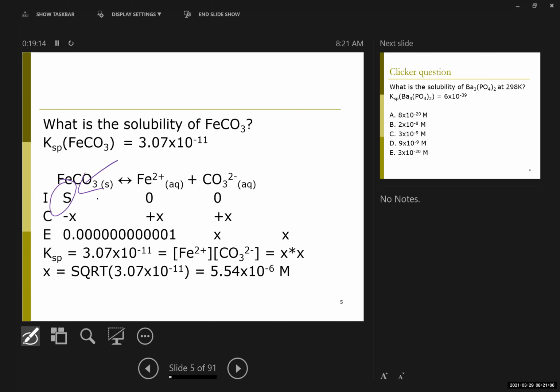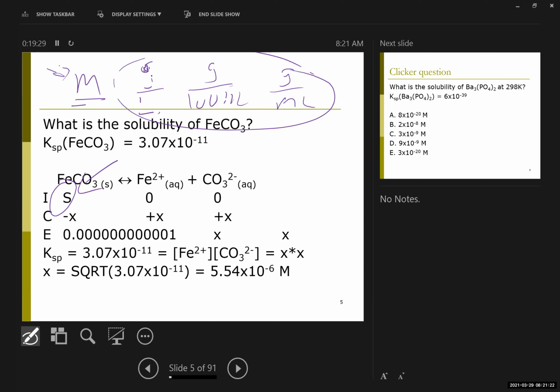Far more common is something like grams per milliliter or grams per 100 milliliters or grams per liter or possibly molarity. But again, molarity is chemistry specific, whereas the grams per liter is more generic. It's the number of grams of the salt that will dissolve in a given amount of the water. And if I quote that number, I'm essentially quoting the solution to my KSP problem.